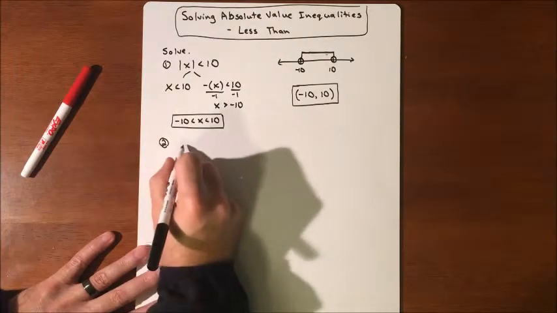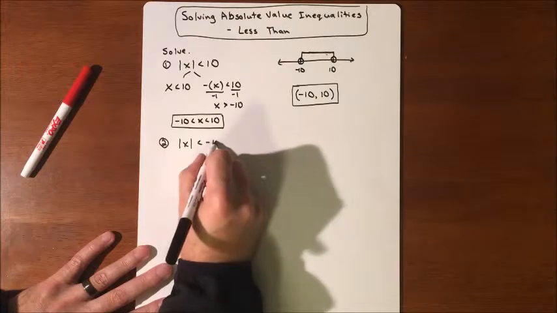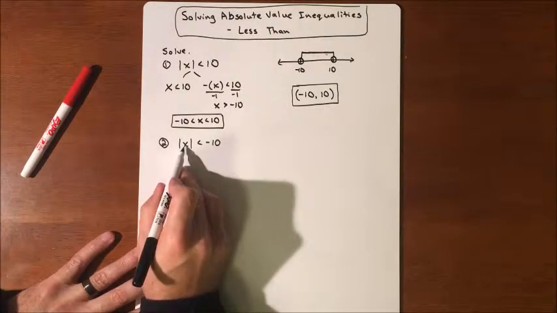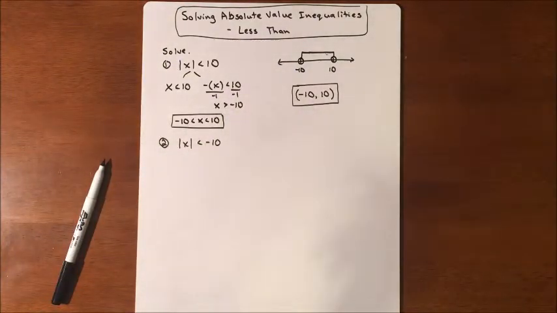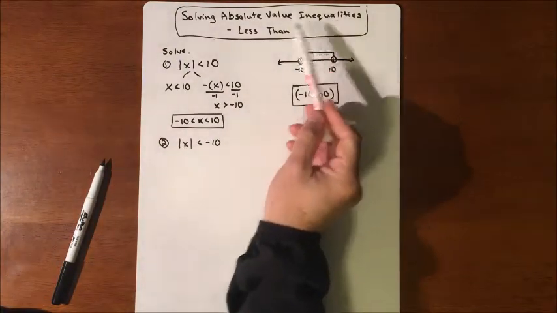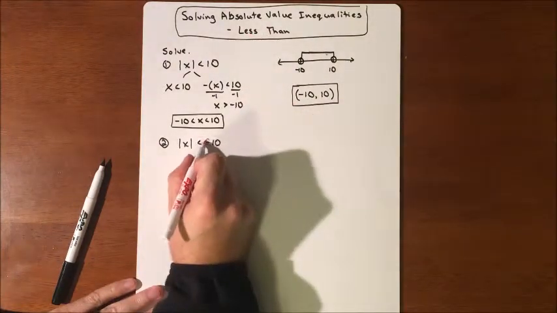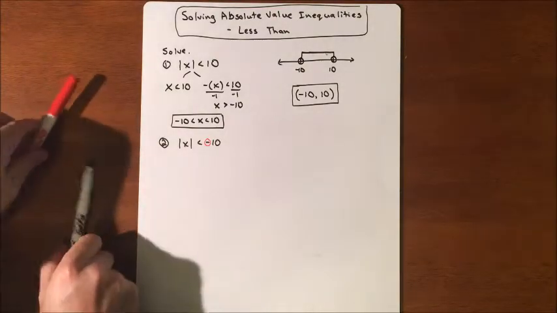Number 2. The absolute value of x is less than negative 10. So on this one, absolute value is isolated. However, we have a negative 10 here. And it doesn't matter whether it's an inequality, a less than, a greater than, or even an equal sign sitting here. As soon as you have a negative, it's going to change the way that we finish this problem.